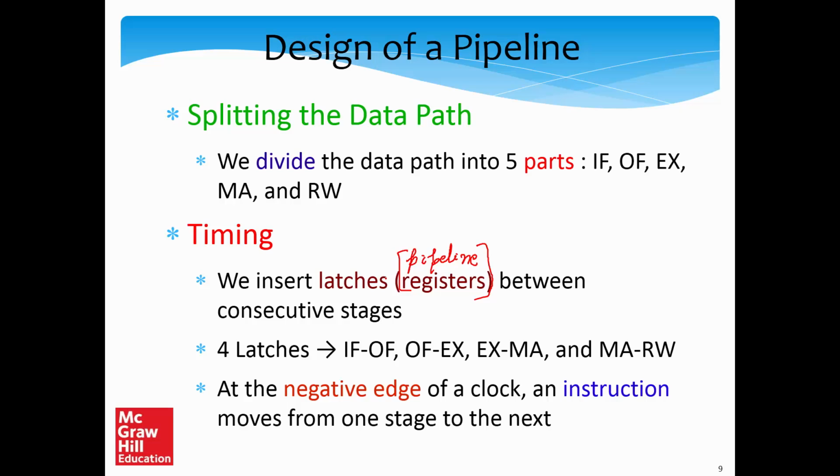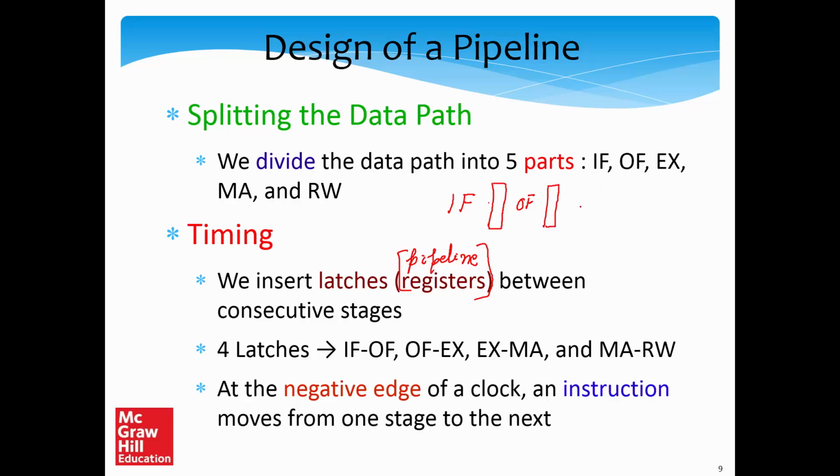So let us add these pipeline registers or pipeline latches between consecutive stages. We will add 4 latches. The IF stage will write its result to a set of flip-flops that are controlled by a clock, a set of pipeline registers. Then we'll have the OF stage, again followed by a set of pipeline registers.